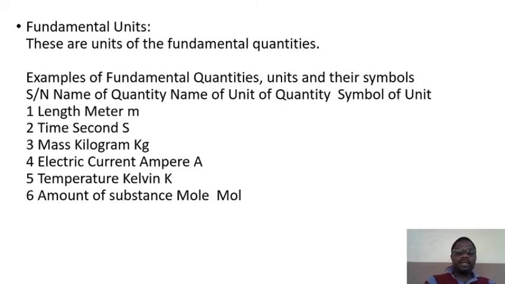The basic units, the fundamental units we have, and their symbols. So number one, we have the length, which has a symbol L, and the unit is in meter, small letter m.